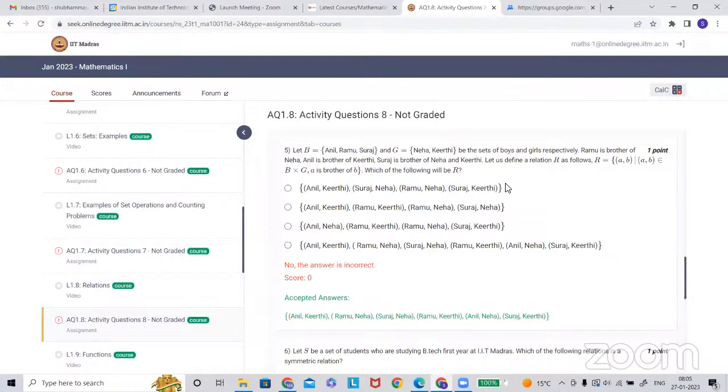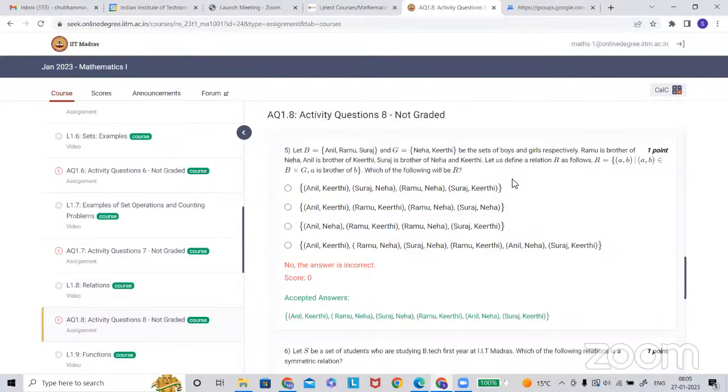So B cross G denotes the Cartesian product of set B and set G. The Cartesian product means we have to make pairs: Anil and Neha, Anil and Kirti, Ramu and Neha, Ramu and Kirti, Suraj and Neha, Suraj and Kirti. We have to consider it as a Cartesian product, not a logical reasoning question.